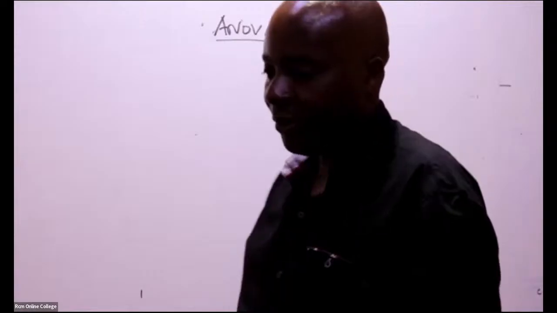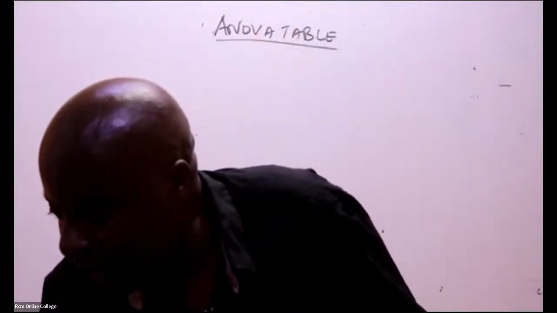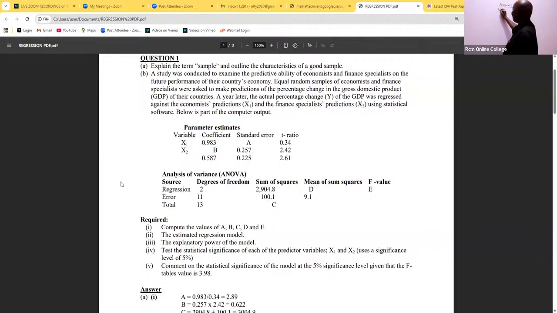So in this ANOVA table, what are they giving us? They have given us source. We have two sources: a regression source, which is what you also call explained, and then we have the error source, which is what we also call unexplained variance.